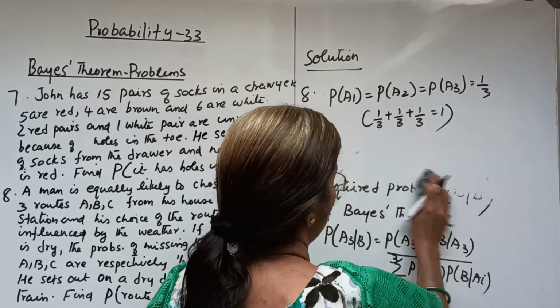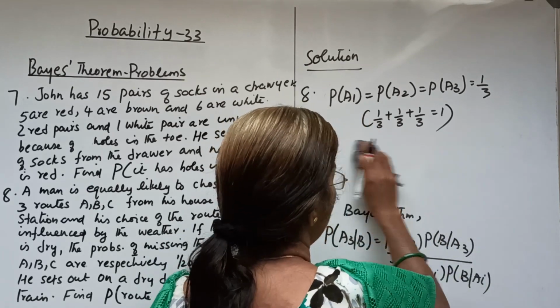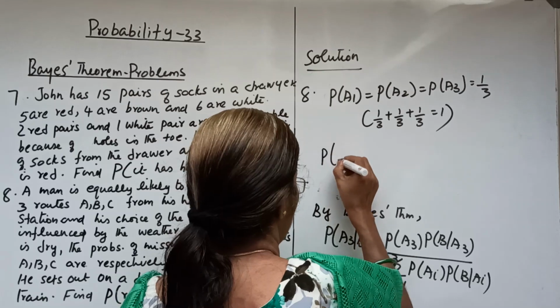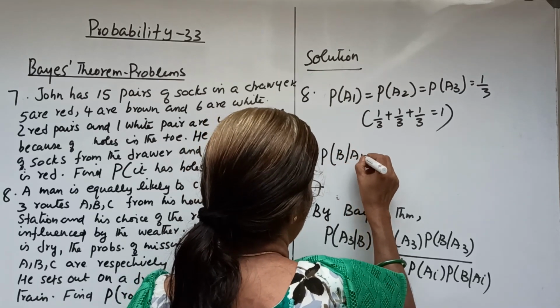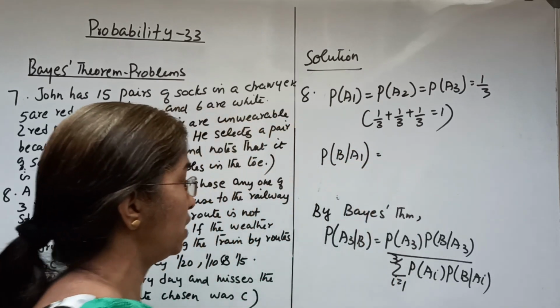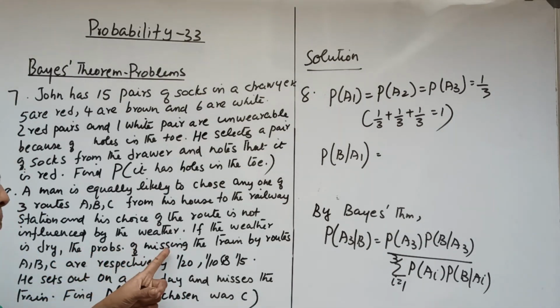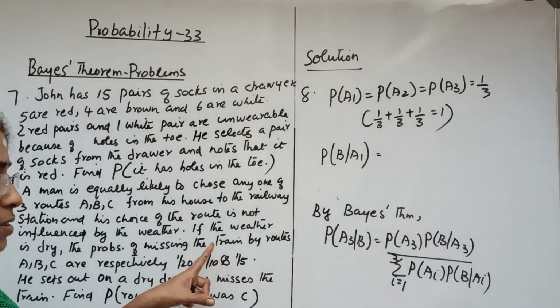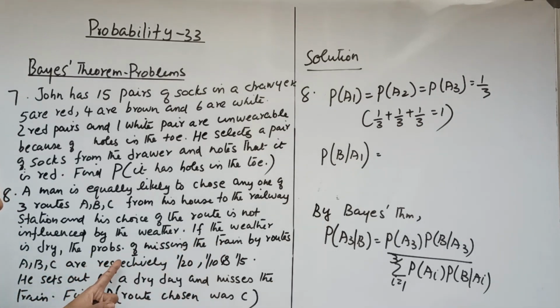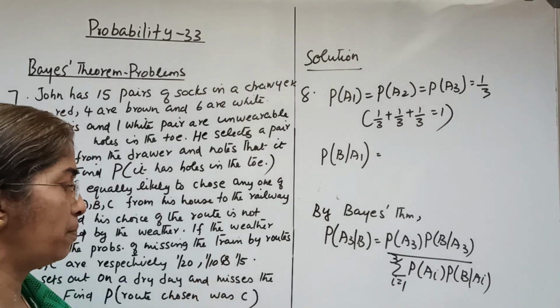Now we consider P of B given A1, and so on. P of B given A1, to make it clear, assuming A1, that is by route A. Here it is directly given that the probabilities of missing the train by routes A, B, C are respectively 1 by 20, 1 by 10, 1 by 5.